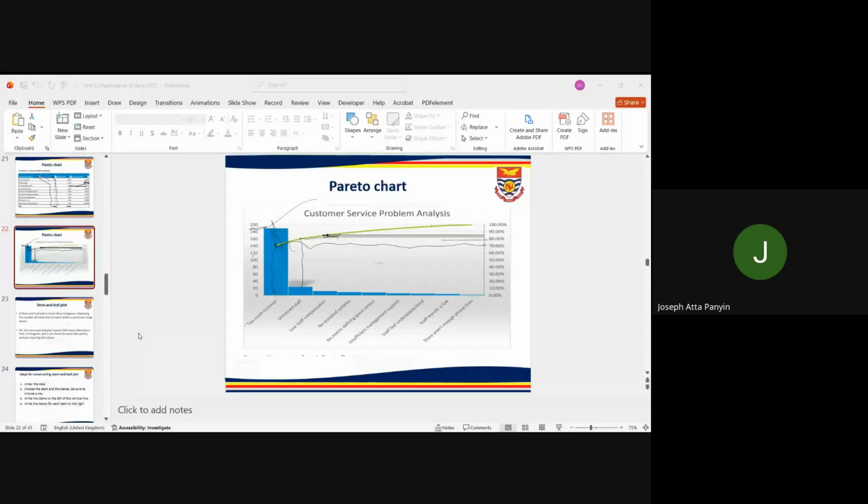They are on the same graph. That's why they are using two different scales. You see the normal frequency on your left, and the cumulative percentage frequencies on your right-hand side. So they are on the same graph. Okay, sir. Open your eyes.